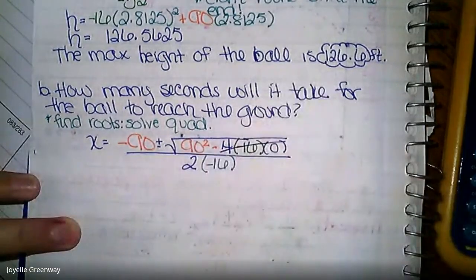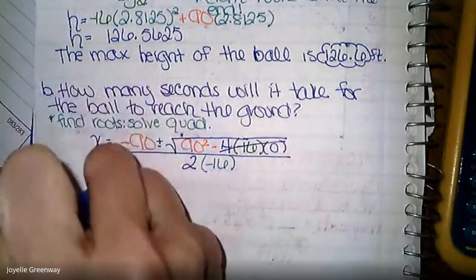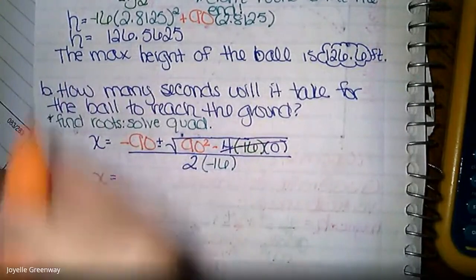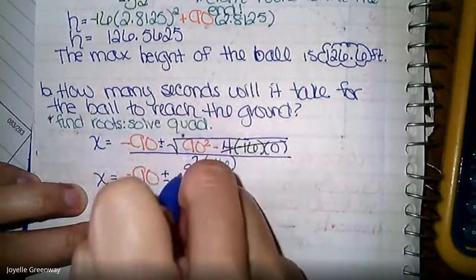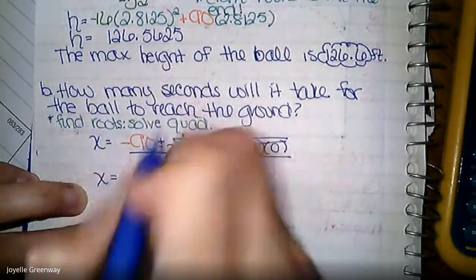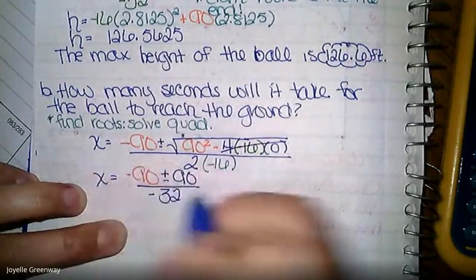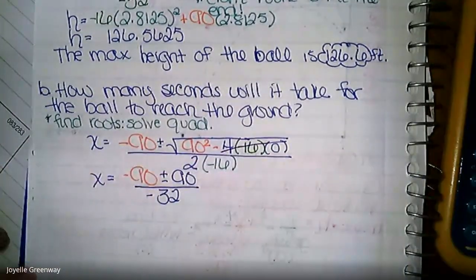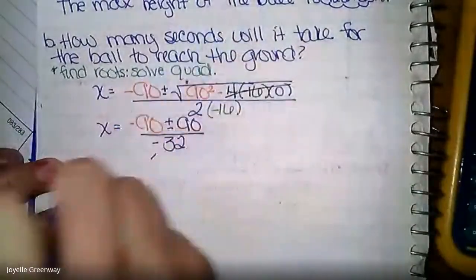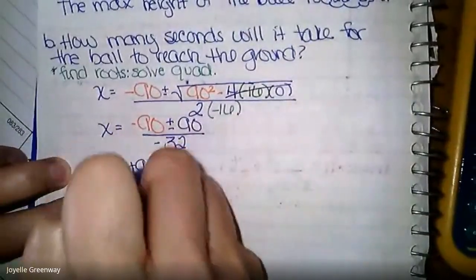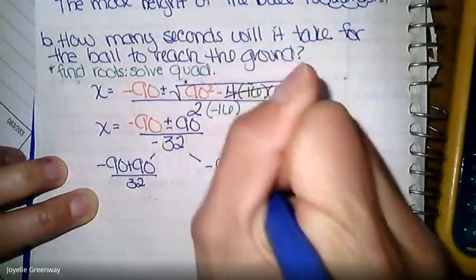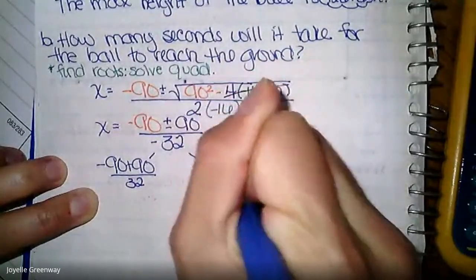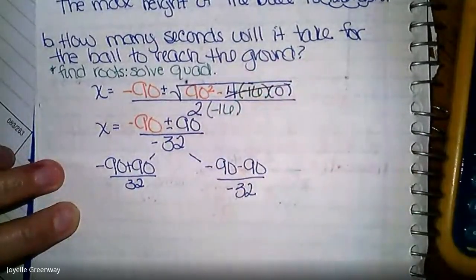So what I'm left with is x is equal to negative 90 plus or minus 90, divided by negative 32. Now we have our two solutions. Negative 90 plus 90 divided by negative 32, and negative 90 minus 90 divided by negative 32.